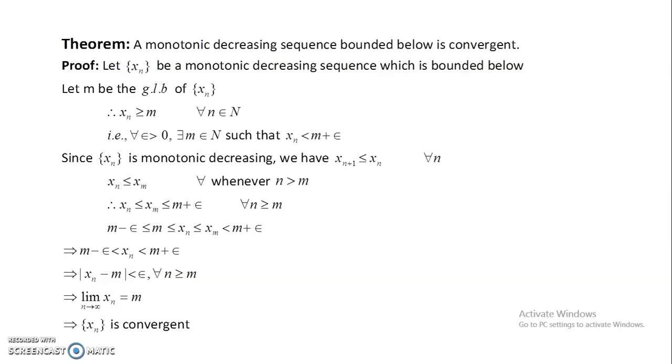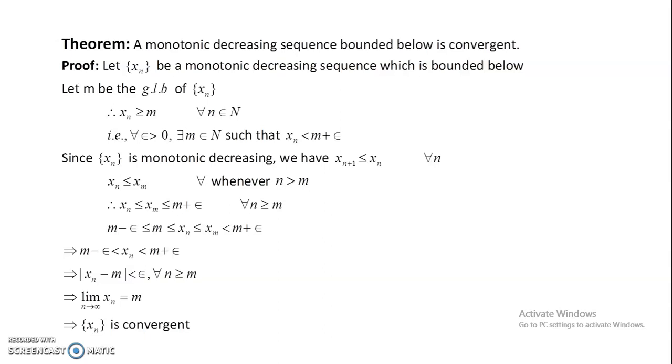So now I compare xm with m plus epsilon. So xn is less than or equal to xm, which is less than or equal to m plus epsilon.